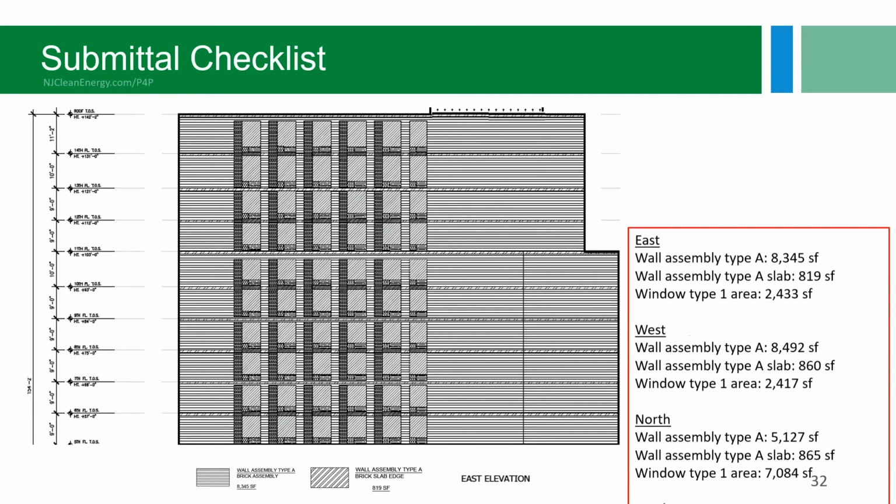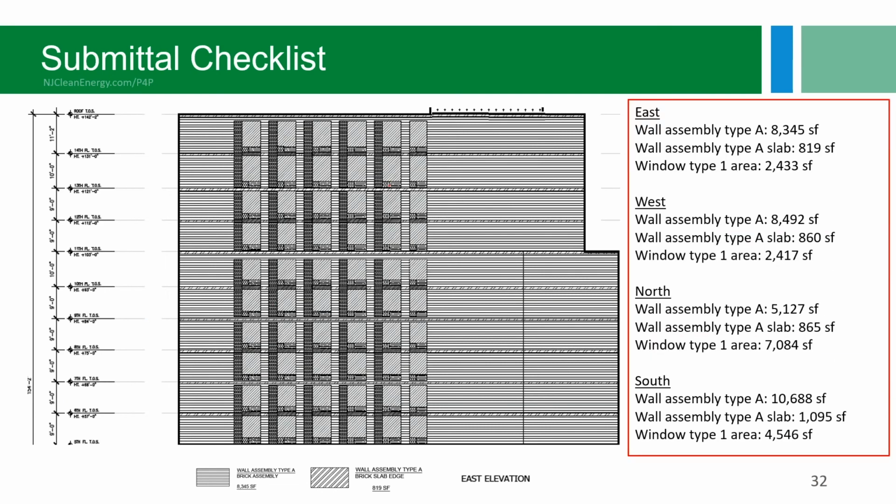Next, what we'll want to understand is, okay, so what is the area for each orientation of the windows? And what is the area of each different type of assembly? And this particular set of design documents captures that for us in the design documents themselves for each orientation.